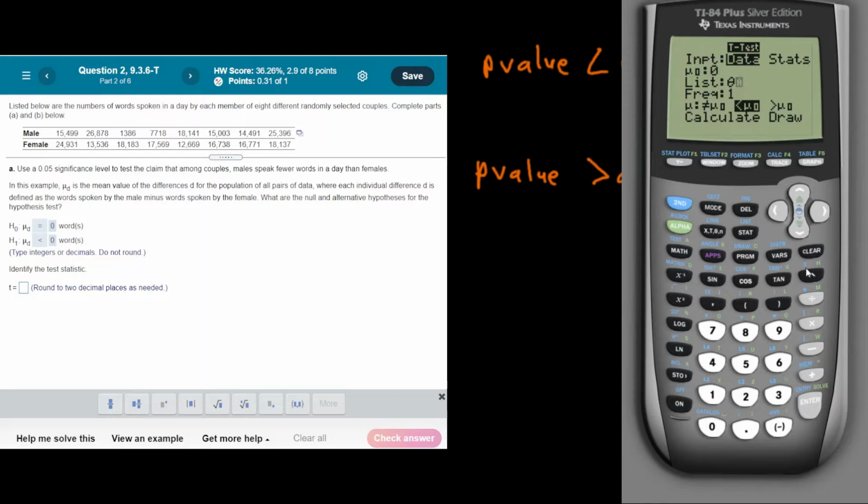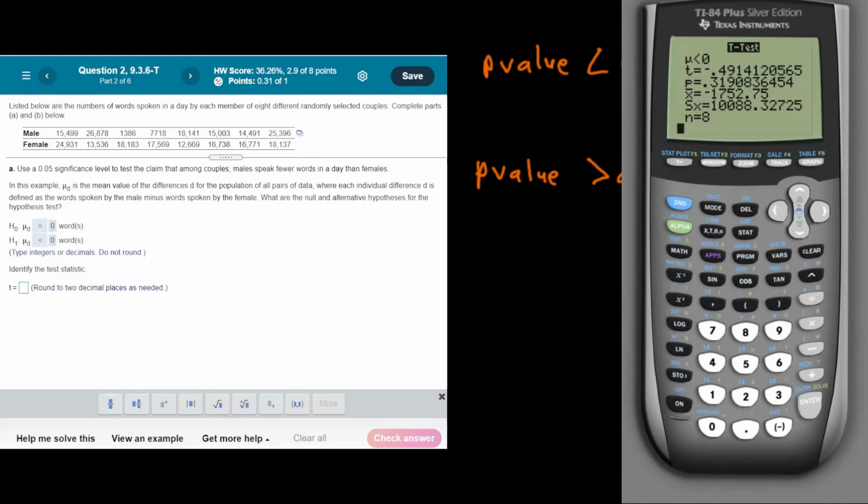So typing that in is not going to work. We have to hit second and the 3 button to get the L3 right here. Bam. So it's going to calculate everything for us. Keep the frequency at 1. We're going to use the less than symbol like we chose here. All right, hit calculate, and there goes all of our statistics.